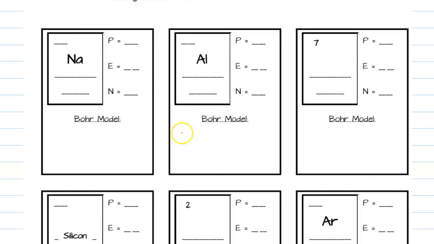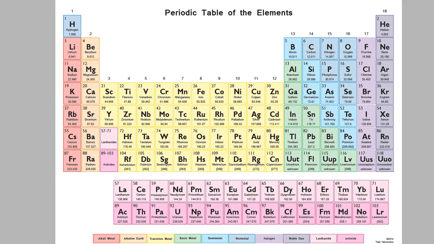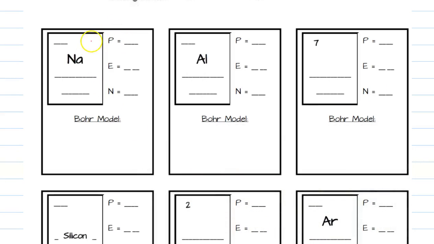So if we want to see for sodium, we're going to look at the periodic table, and we're going to see that sodium has an atomic number of 11 and an atomic mass of 22.9. So sodium's atomic number is 11, its atomic mass is 22.9, and the element is sodium.